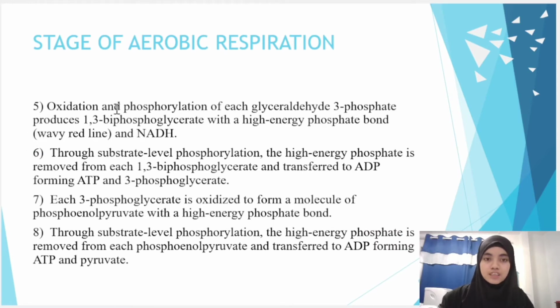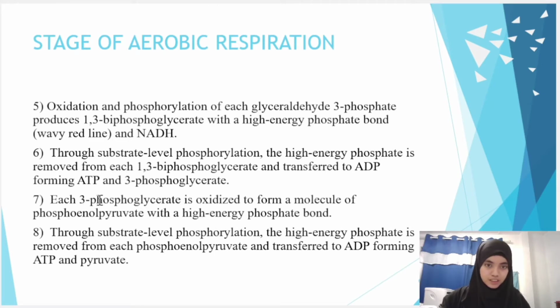Then oxidation and phosphorylation of each glyceraldehyde 3-phosphate produce 1,3-bisphosphoglycerate with a high energy phosphate bond, and NADH. Then through substrate level phosphorylation, the high energy phosphate is removed from each 1,3-bisphosphoglycerate and transferred to ADP, forming ATP and 3-phosphoglycerate.